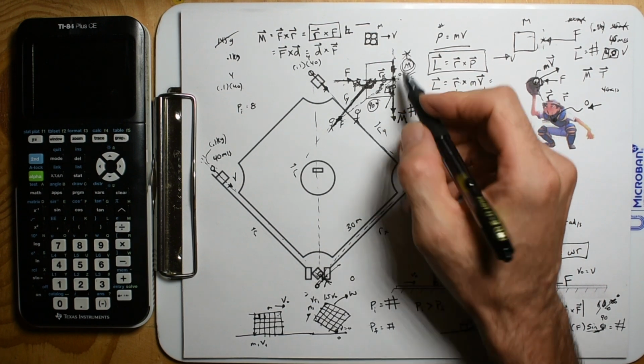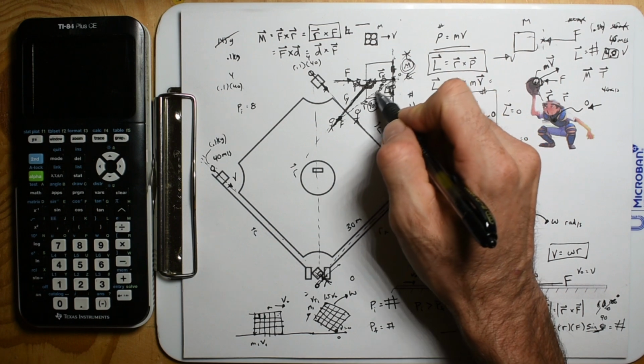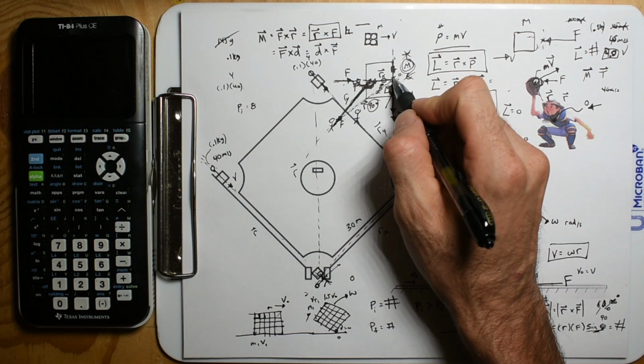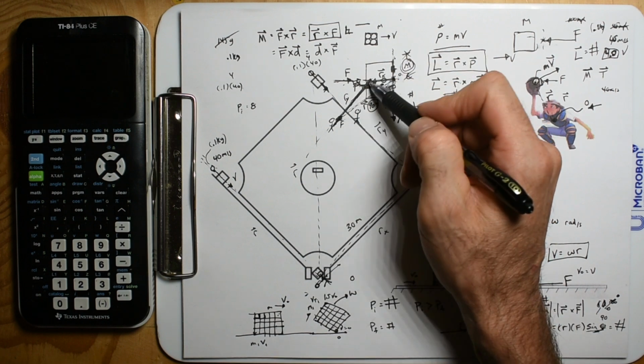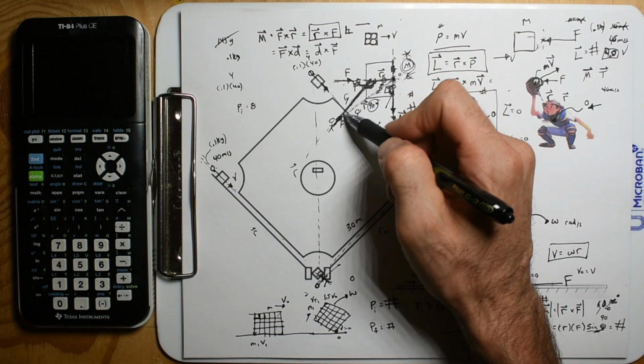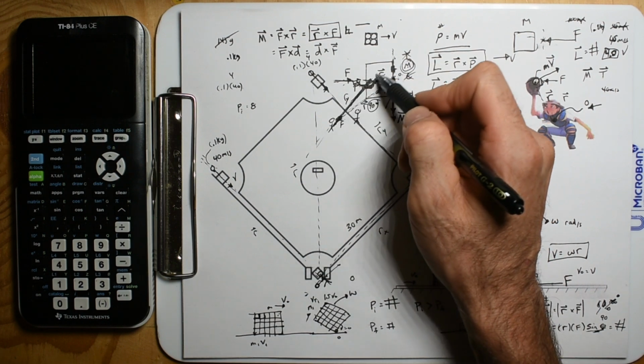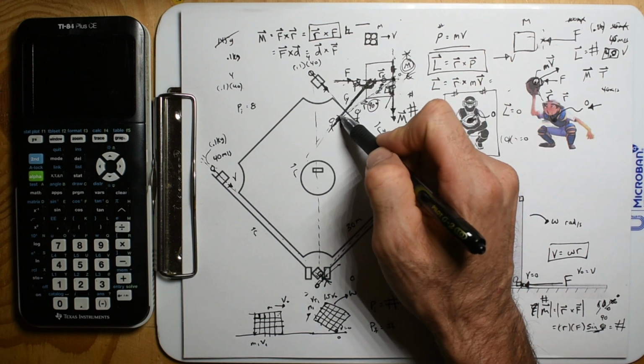Here is your distance, and it has two components, one this direction, one this direction. This direction is irrelevant, because it's in the same direction as the force that we're applying.